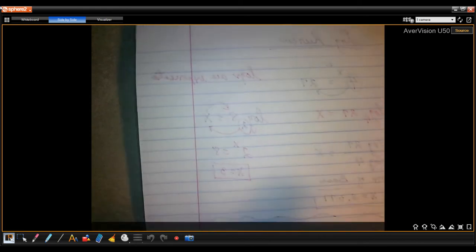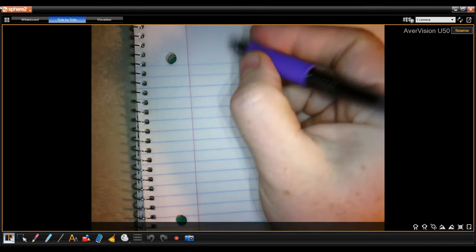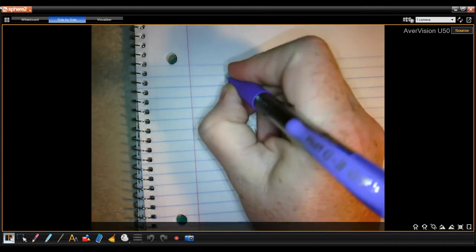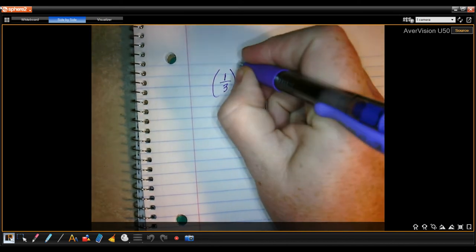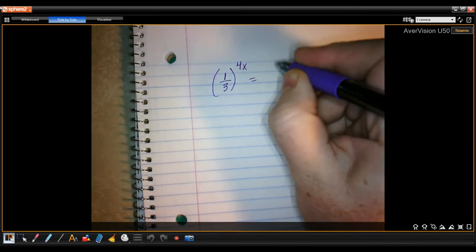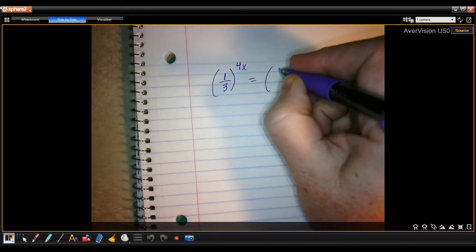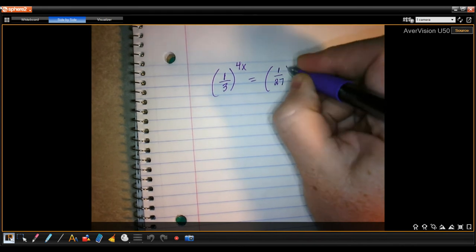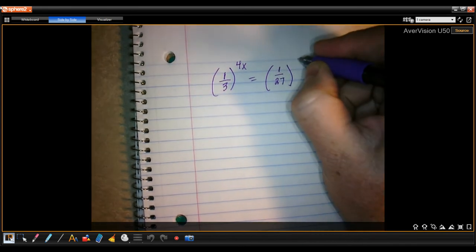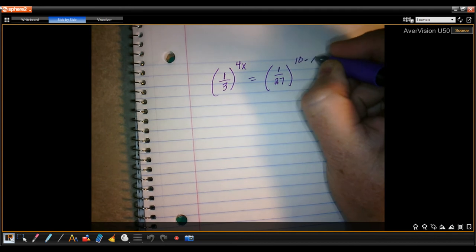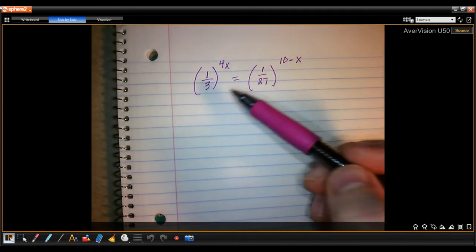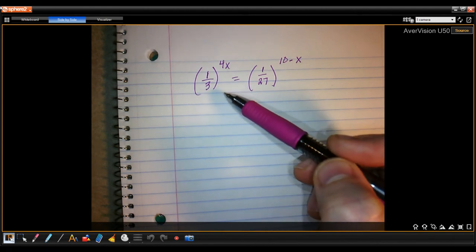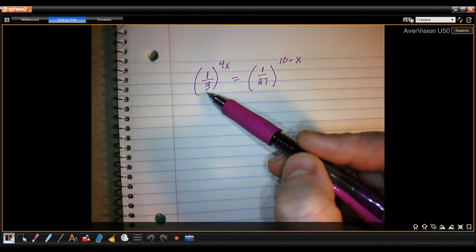Okay, what if you have something like, let's do 1/3 to the power of 4x equals 1/27 to the 10 minus x, something like that. Here again, for my first approach, if I had no calculator, this is base 1/3, it's pretty small.